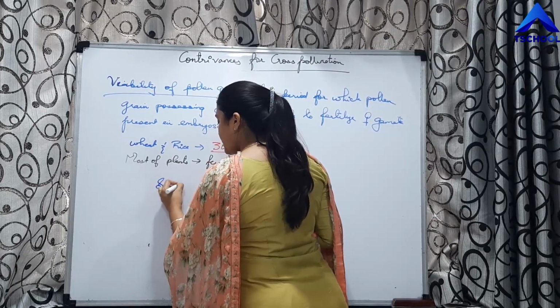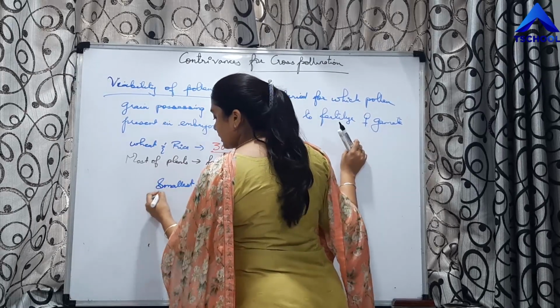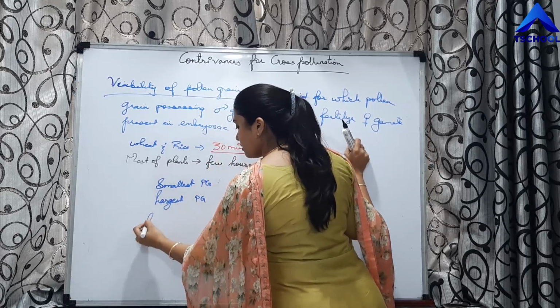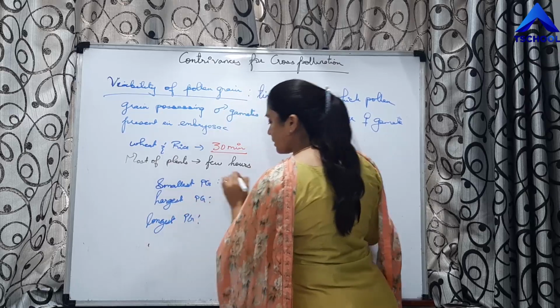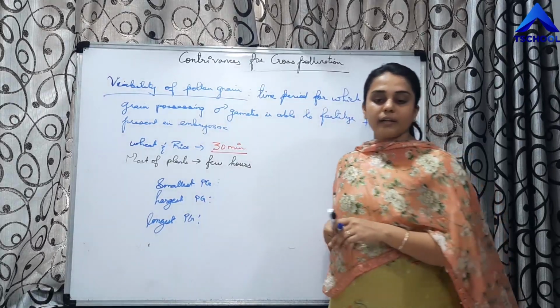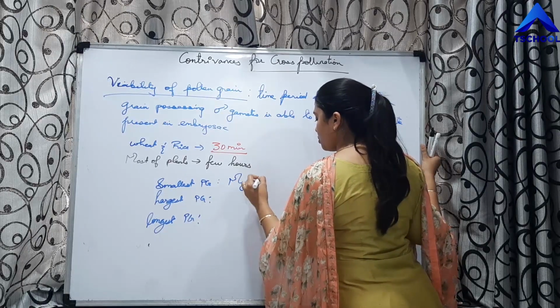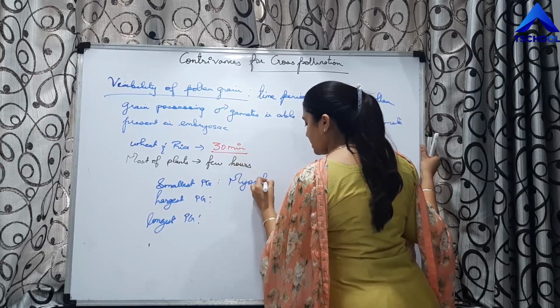The smallest pollen grain, the largest pollen grain and the longest pollen grain. The smallest pollen grain is of Myosotis.